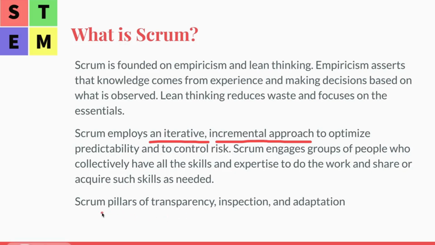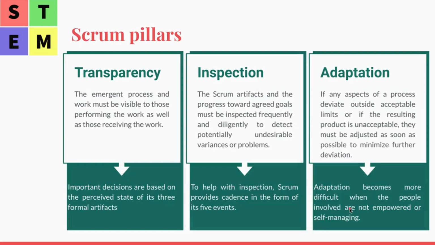There are 3 pillars of Scrum: transparency, inspection, and adaptation. Let's take a look at the Scrum pillars. First, transparency. The emergent process and the work must be visible to those performing the work as well as those receiving the work. So there's transparency between the Scrum team and the stakeholders.